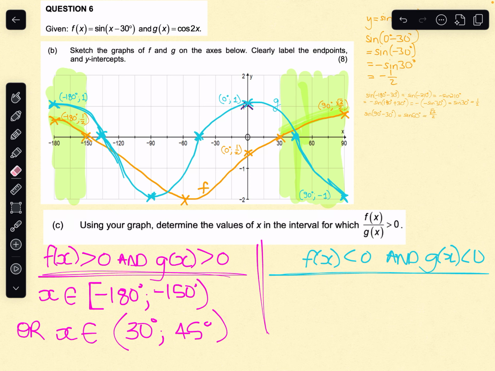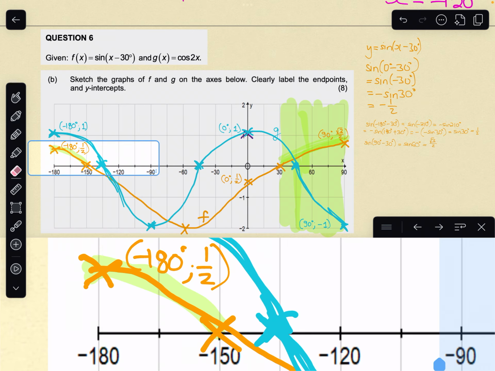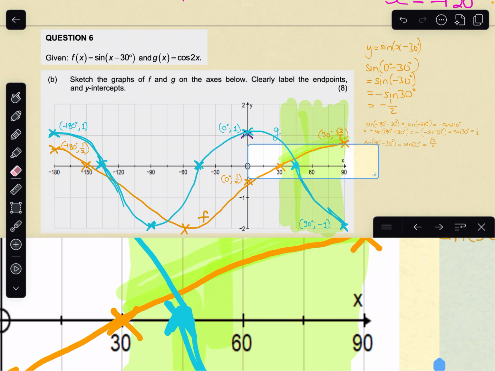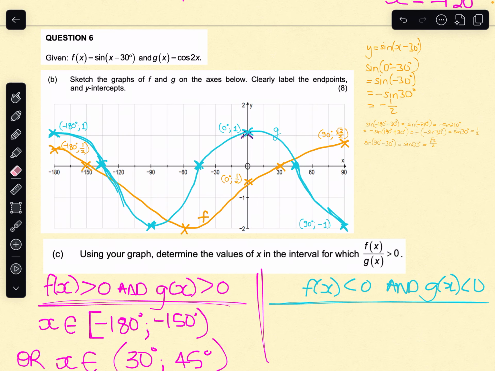So let's try this with the other case, where we're looking for places where f and g are both negative. Right? Okay, good.